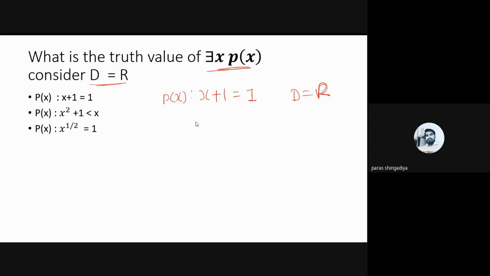Is it true or false? And if it is true, which value is known as a witness? x plus 1 is equal to 1. For which value of x does it become true from the real line?